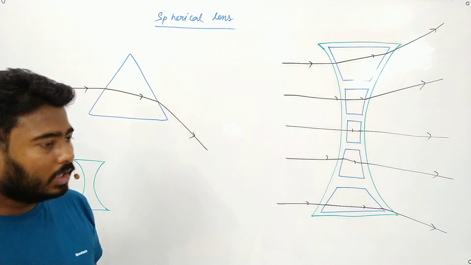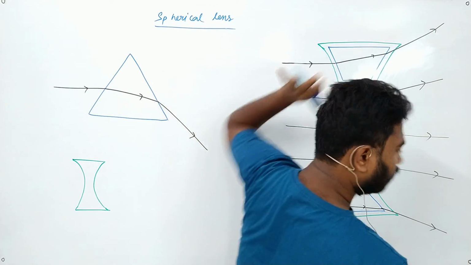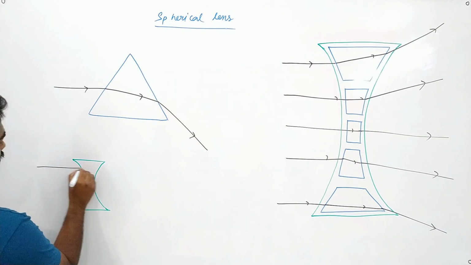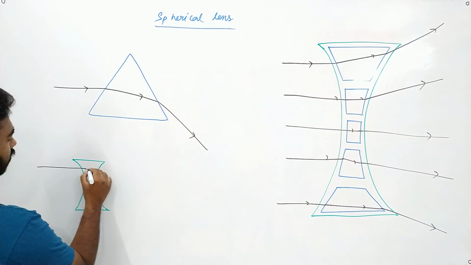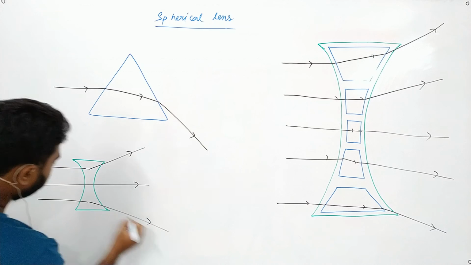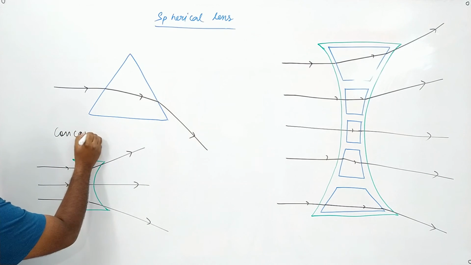So we can see that the rays of light are coming in this direction and they are diverging out. Does that mean that if a ray of light falls on this lens, it will simply diverge out? This kind of lens where the rays of light diverge out is known as concave lens.